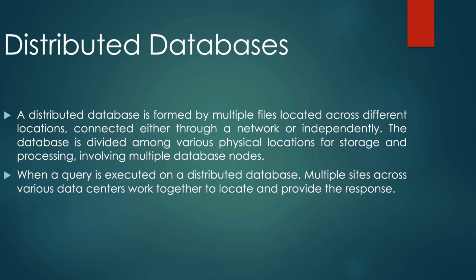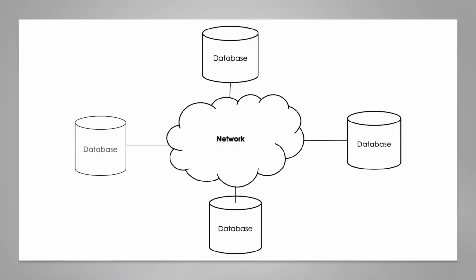This system stores product information, user data, inventory details, and more across multiple servers distributed worldwide. As we browse, the distributed database swiftly retrieves information from various nodes, ensuring quick access to the product details, availability, reviews, and recommendations.